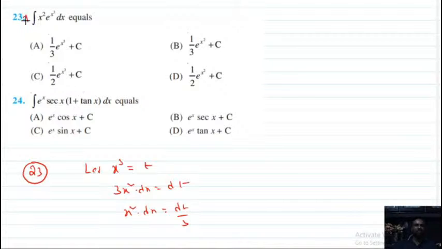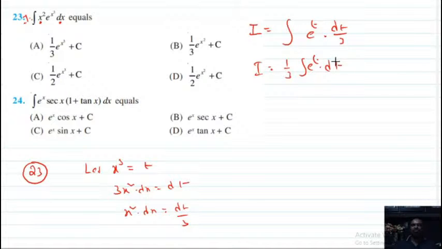Now I equals the integral of x square into dx, which I can write as dt by 3, into e power t. So what happened to that? I is equal to 1 by 3 into the integral of e power t dt.